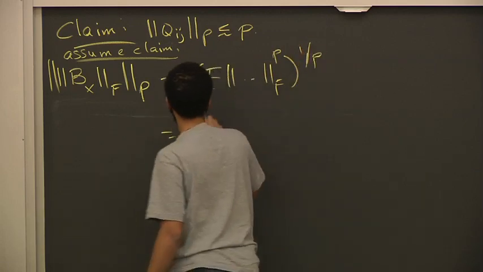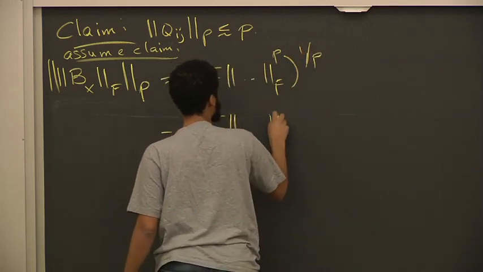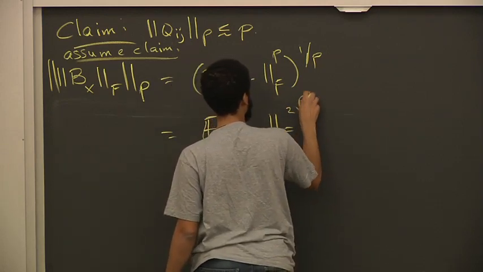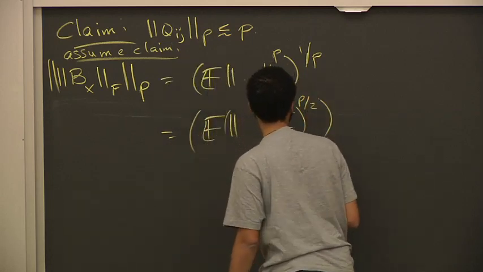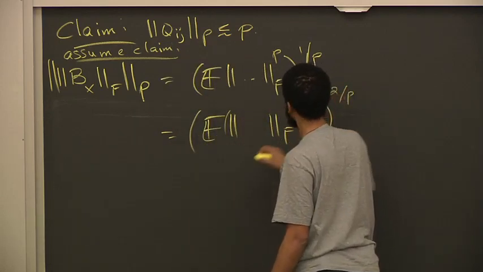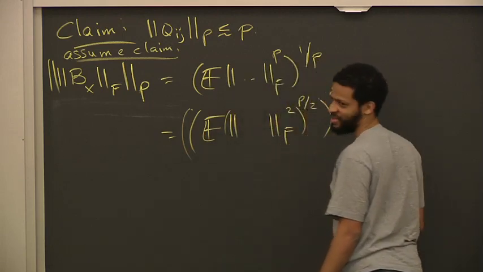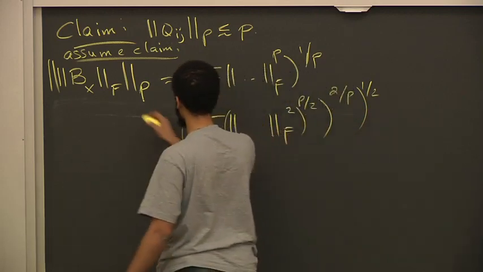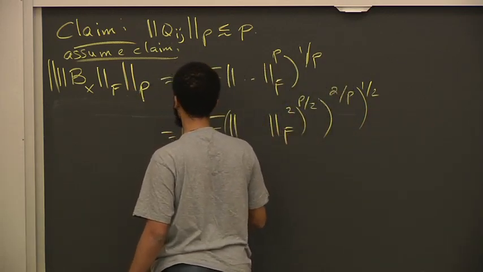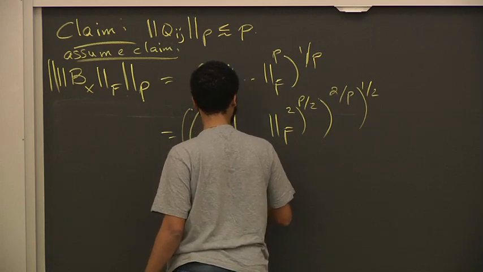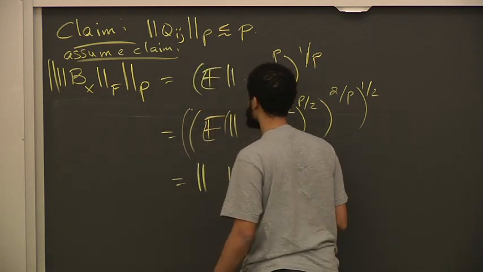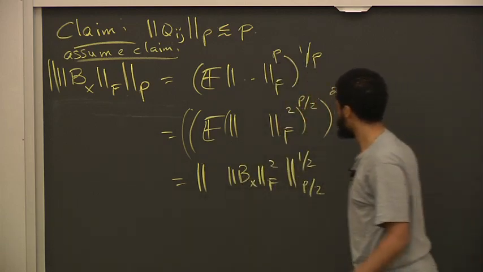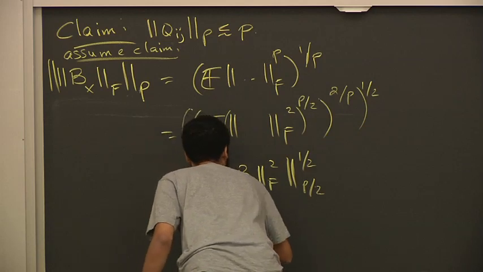But that's the same thing as the expectation of the Frobenius norm squared to the p over 2, to the 2 over p, to the 1/2. This is a trick I've used before in this class. So this p norm is equal to the p over 2 norm of the Frobenius norm squared, to the 1/2, which is at most the p norm to the 1/2.